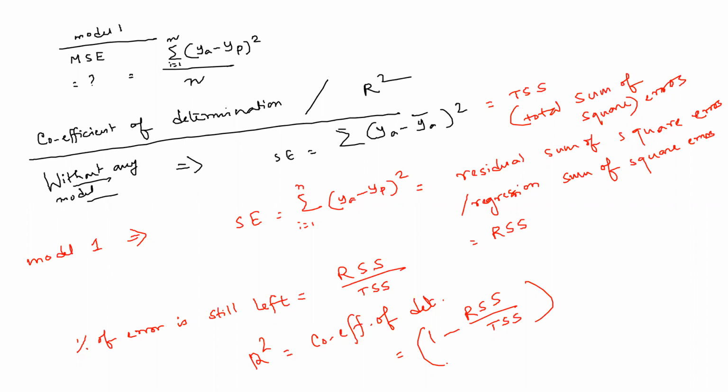So RSS by TSS is the percentage of the maximum error that you have made. Okay, I missed that point, sir. Yes, so 1 minus that percentage is the percentage of error that your model, in this case model 1, has explained.